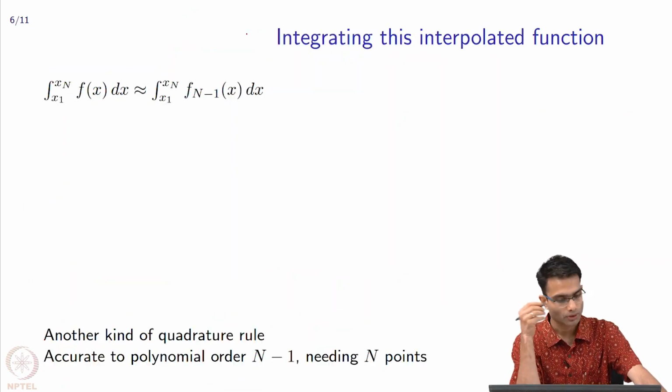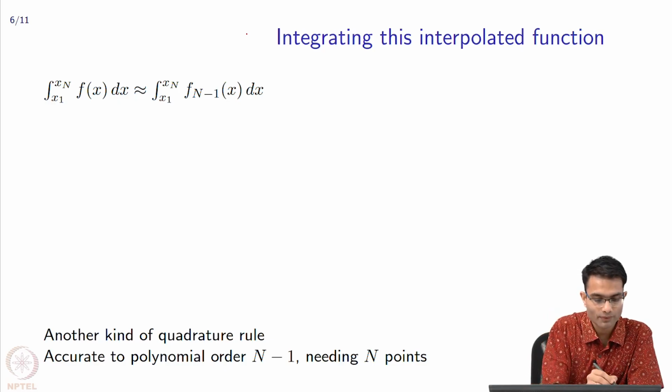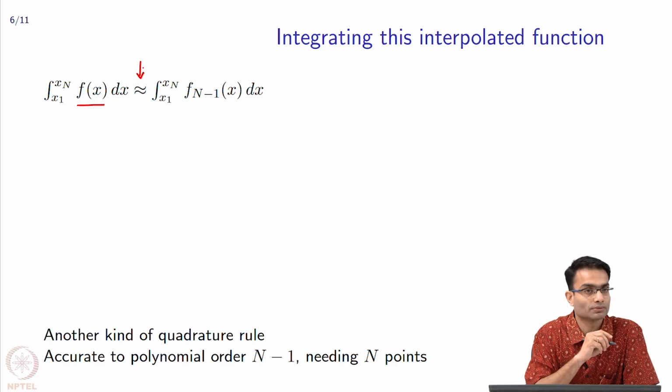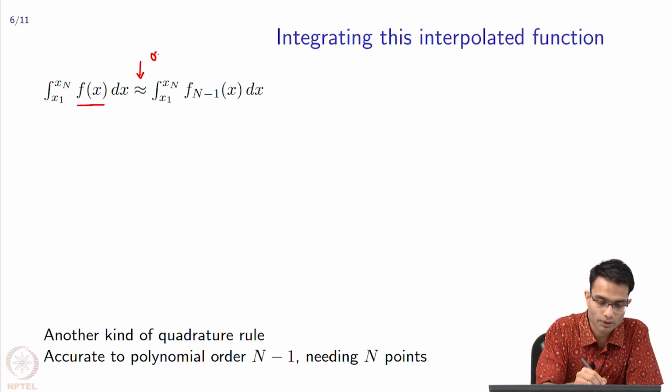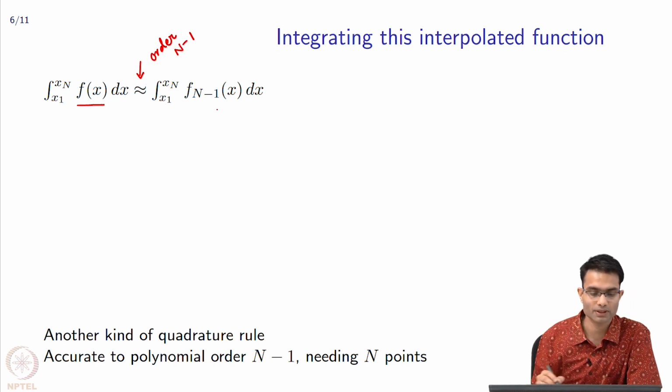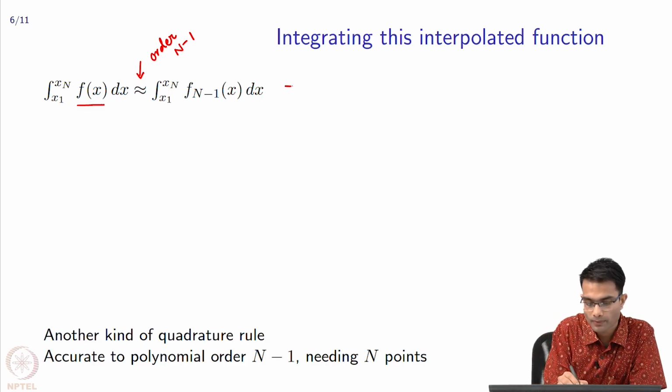Okay. So, now let us just do the obvious, let us integrate this expression that I have. So, this was my original function. Know that this is an approximation. It's an approximation of order n minus 1, that is the function that we had from before, and we will just put this in over here.